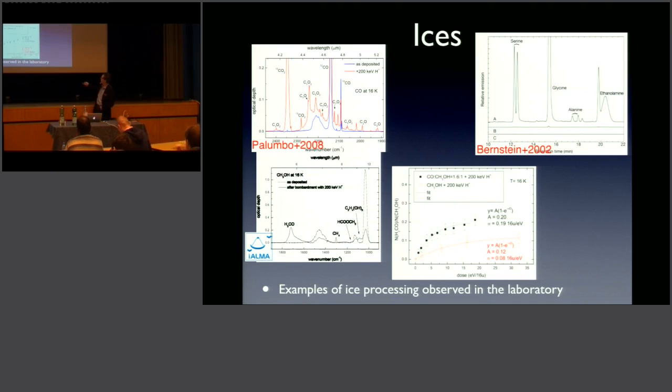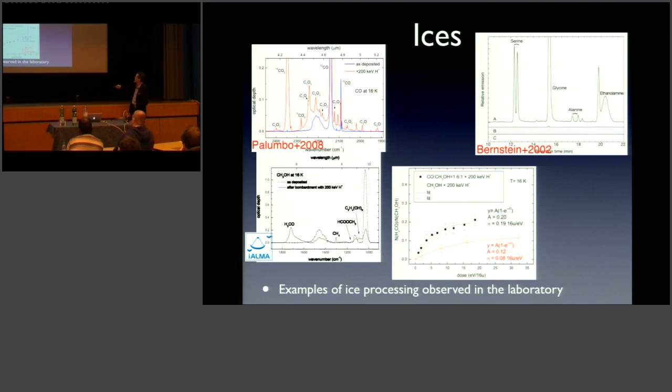Here, for example, from this type of experiment, you have the abundance of formaldehyde over the abundance of methanol as a function of time, both in an ice that contains only methanol, which is relatively unrealistic, and an ice that contains CO and methanol, which is more realistic for interstellar ices.